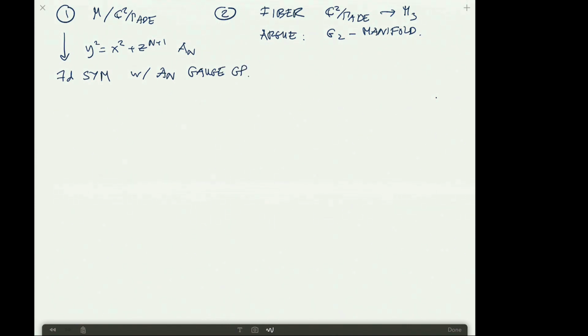So where do the fields come from? Well, first of all, we have C3, and we can expand C3 along these P1s, these two-cycles. So we can expand C3 along omega_i^(2) wedge A_i, where now i equals 1 until n, and these are the volume forms.